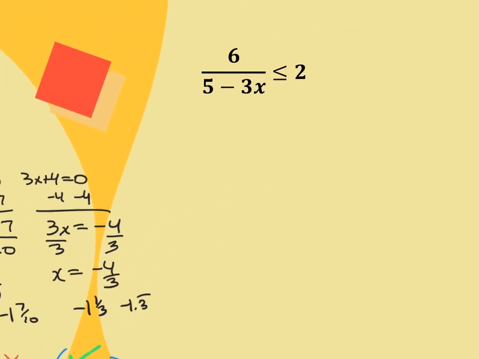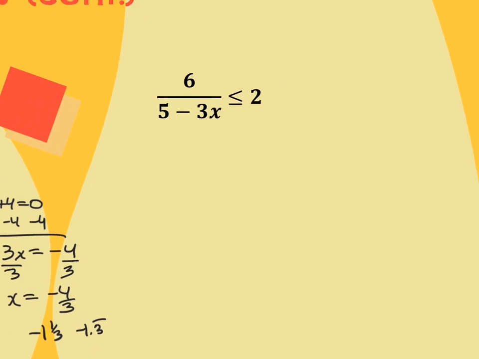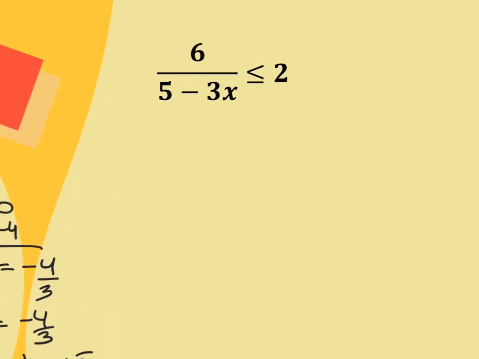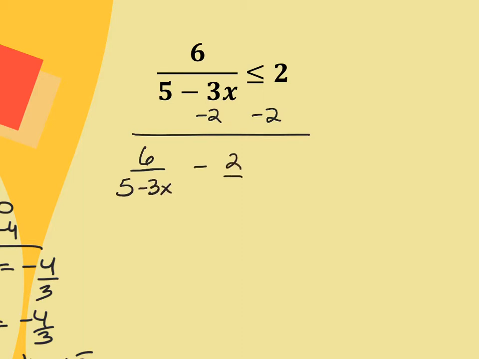My next one is over here. Again, I need to move the 2 because I need a 0 there. So subtract 2. 6 over 5 minus 3x minus 2. Common denominator again.